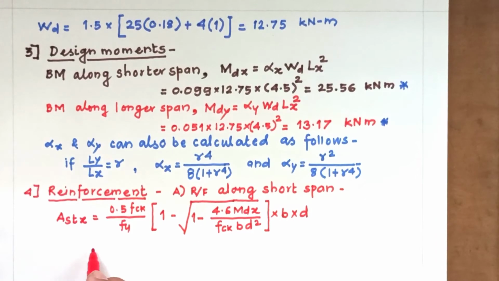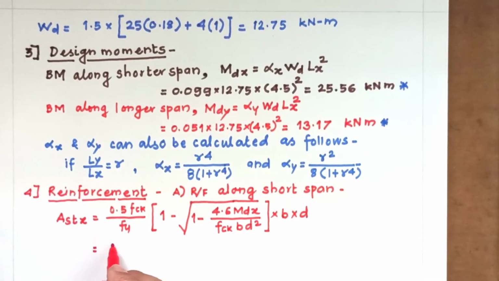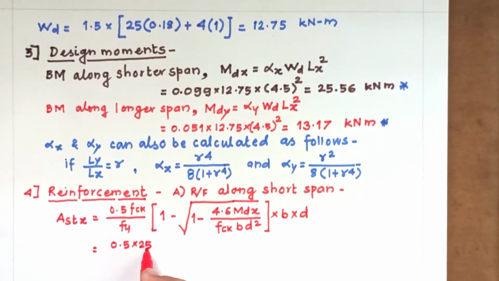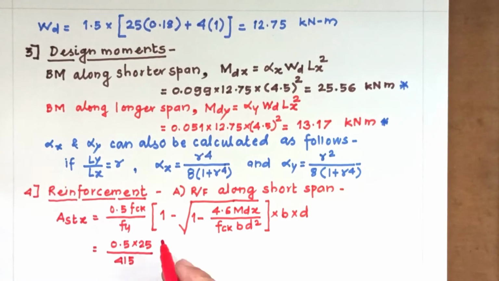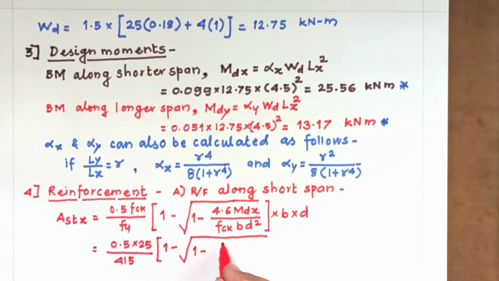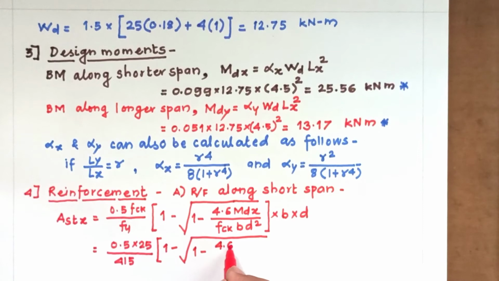We will put all the values. Astx is equal to 0.5, fck is 25 divided by fy is 415 into bracket 1 minus under root of 1 minus 4.6. What is Mdx? 25.56.